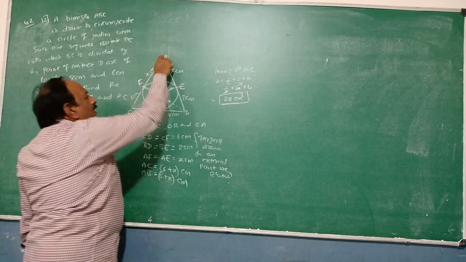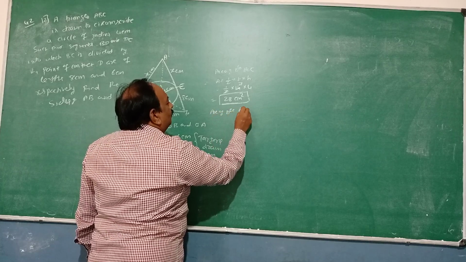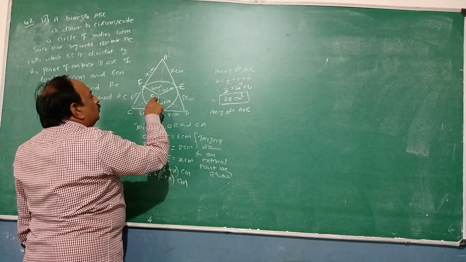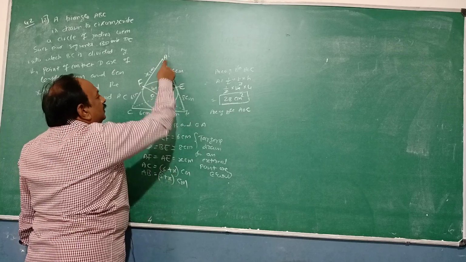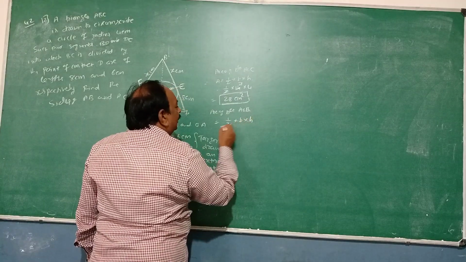Now, area of triangle AOB. Half into base into height.